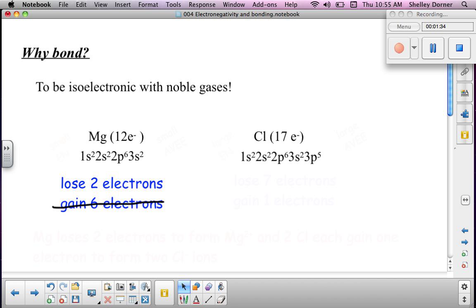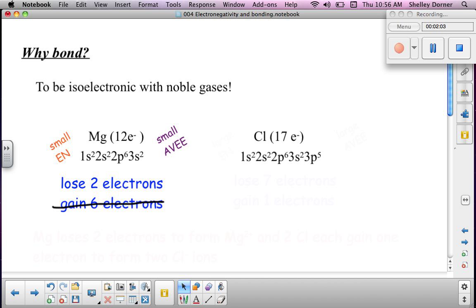But chemically, there are some reasons why magnesium will lose 2 electrons rather than gain 6 electrons when forming a bond. The first reason is the average valence electron energy. Magnesium has a relatively small average valence electron energy, which means that it doesn't hold on to its valence electrons very tightly, and therefore it can lose its valence electrons relatively easily.